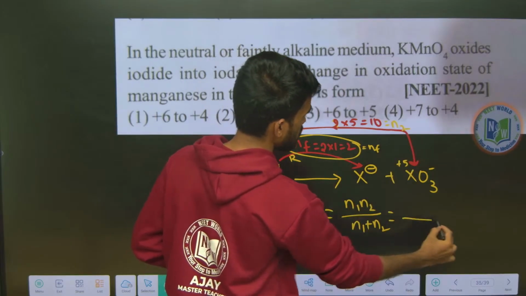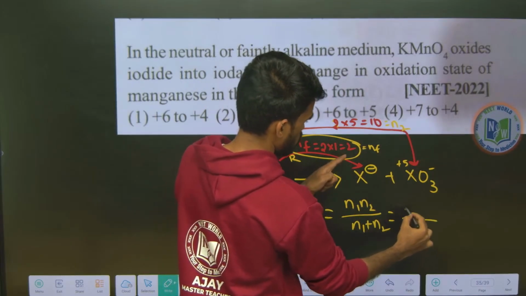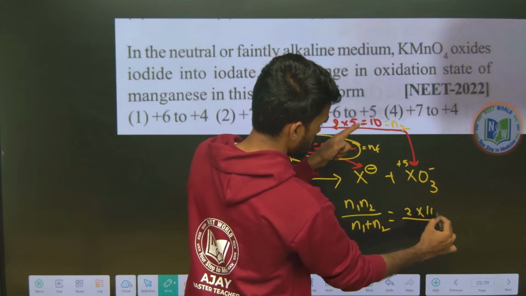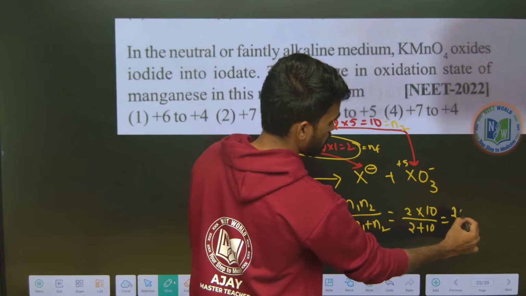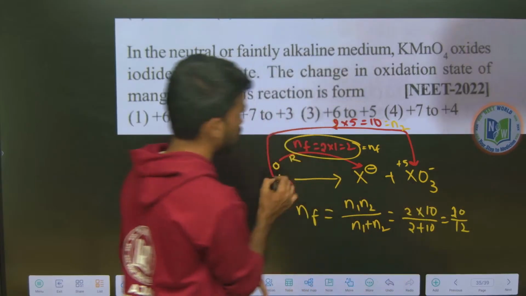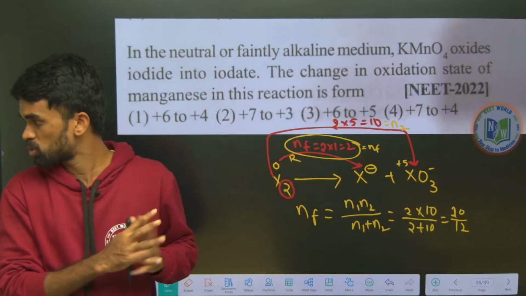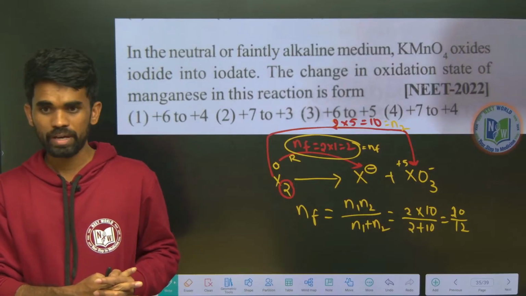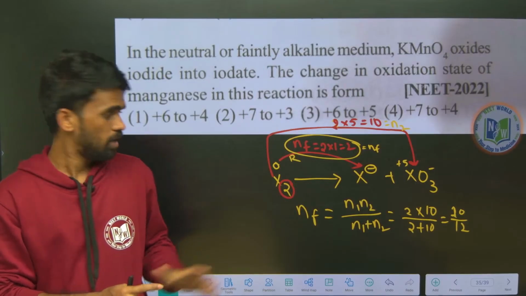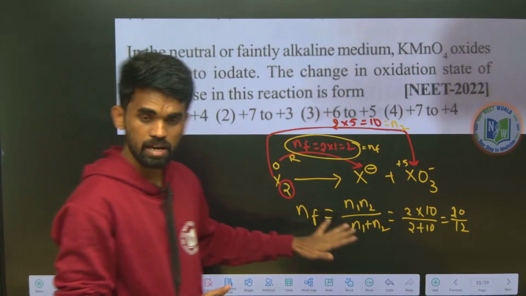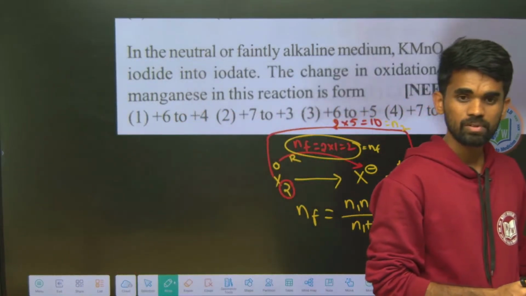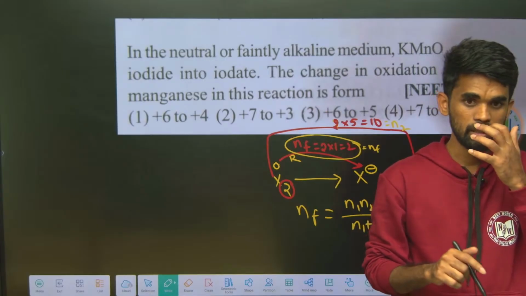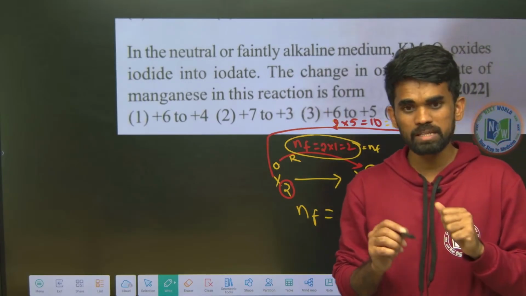So N1 is 2, N2 is 10, so 2 into 10 by 2 plus 10, which is 20 by 12, is the n factor of this X2 in this disproportionation reaction. Is this clear, finding the n factor for disproportionation? What is the formula? N1 into N2 by N1 plus N2.